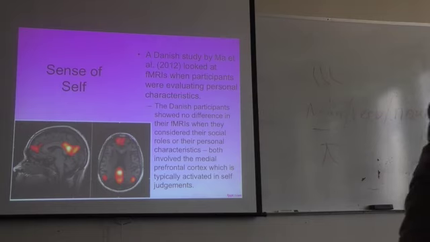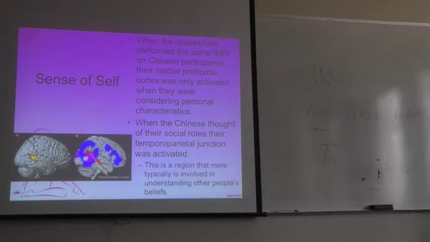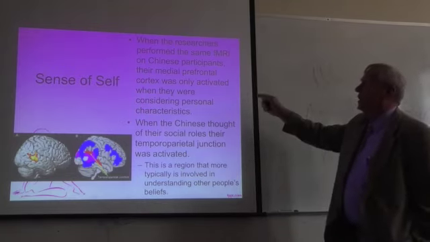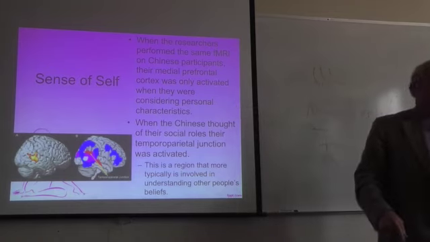That was in Denmark. However, then they did the same research with the Chinese. When the researchers performed the same functional MRI on Chinese participants, their medial prefrontal cortex was only activated when they were considering personal characteristics.